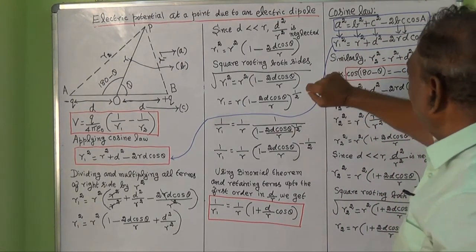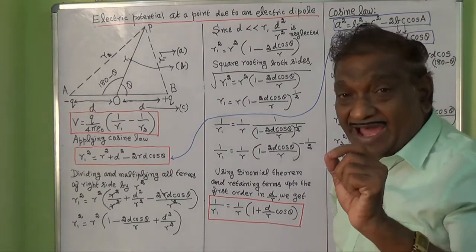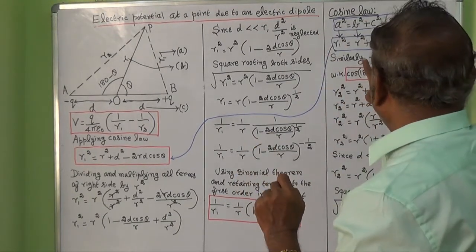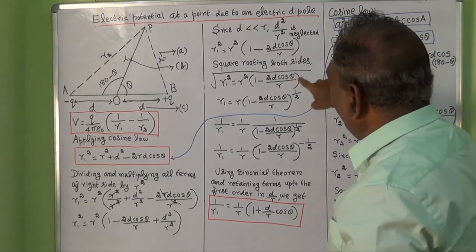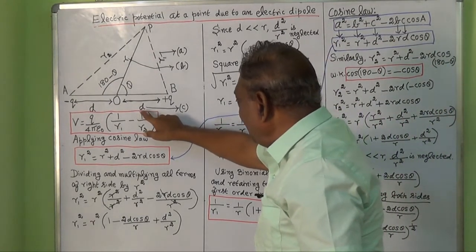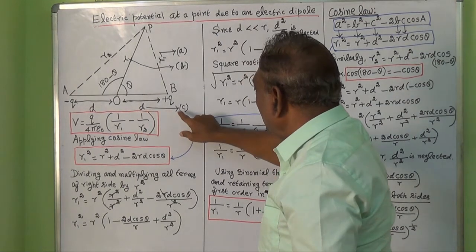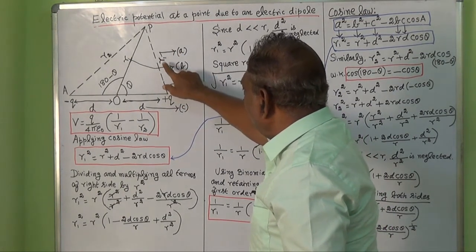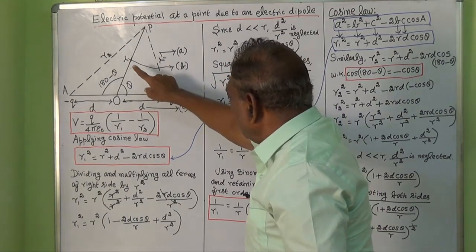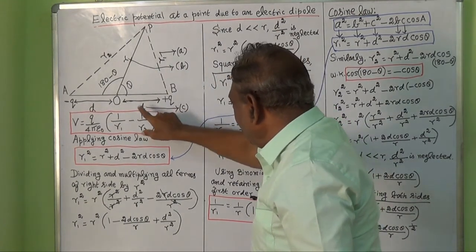Hence, we are getting B square as r square. In the place of C, we are having the distance d. So, I am writing A as R1, B as r and C as d.